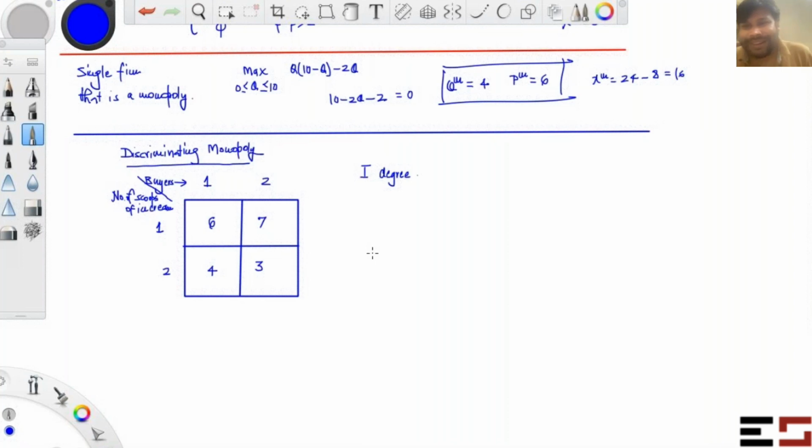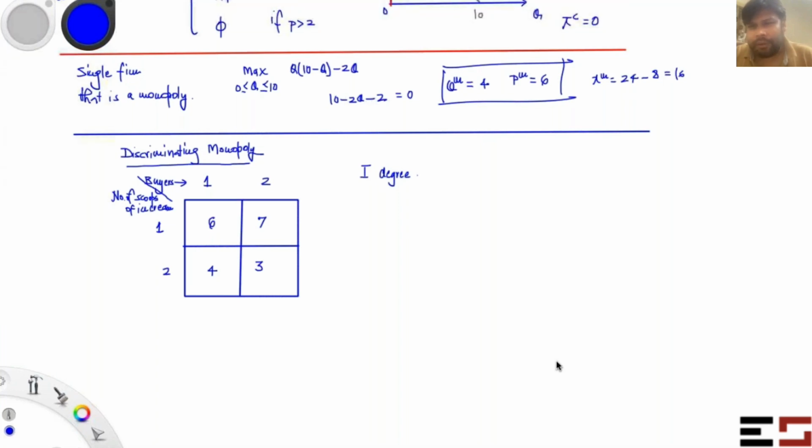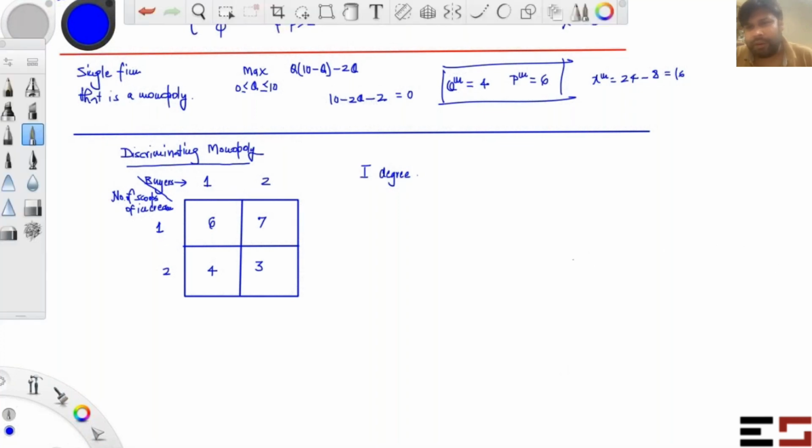But it cannot do discrimination across consumers. It cannot offer a different pricing scheme to Gaurav and a different pricing scheme to Vishal. That is not what is going to happen.